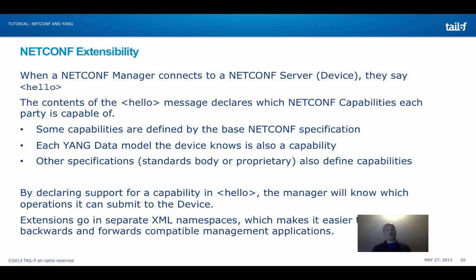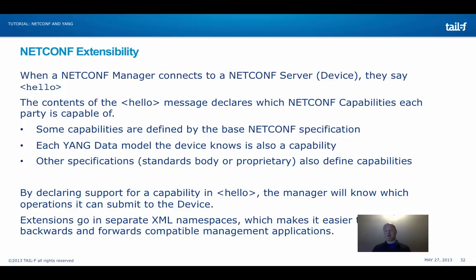It's always a balance when you specify a protocol, and if you release one protocol, the day after, the creativity needs some new features. So that's built into Netconf, where whenever a Netconf client and Netconf server connect, they exchange their capabilities by the hello message. So both the client and server exchange hello messages where their capabilities are expressed.